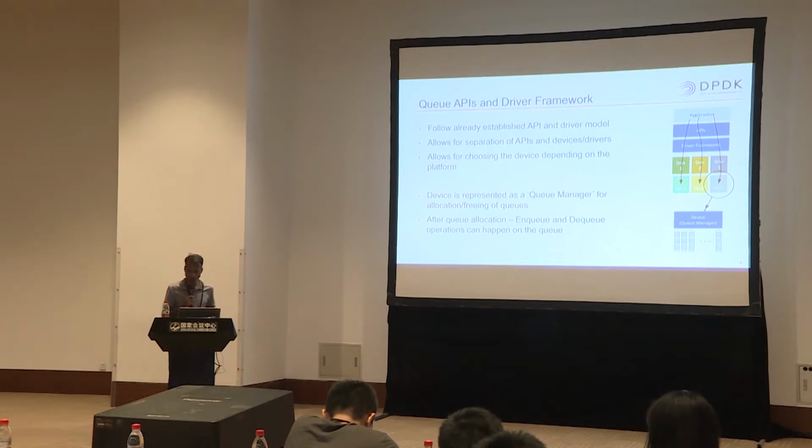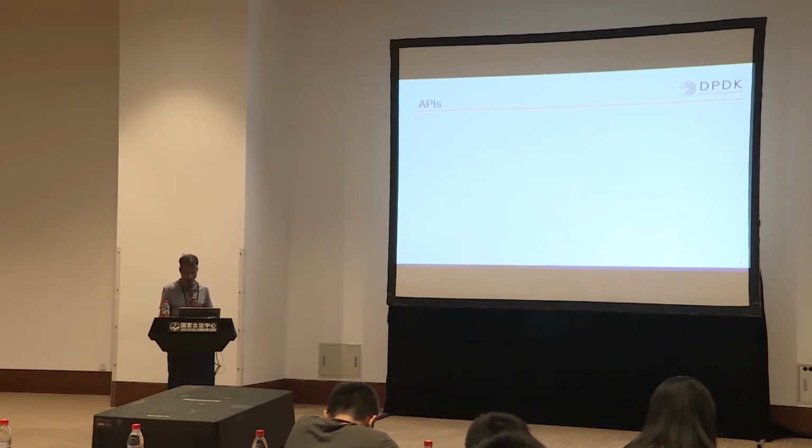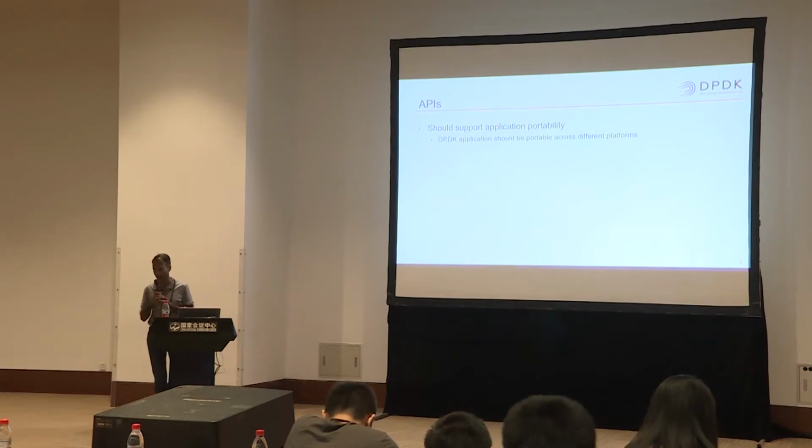So now with this, we are going to have multiple implementations of the queue underneath, and I think that will present some challenges that I see. So the first challenge that I see is application portability.